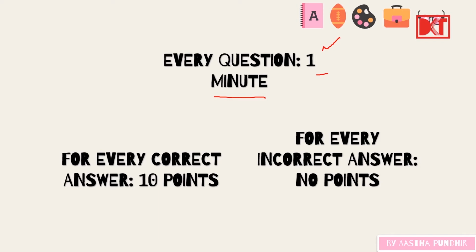It is very important to answer each and every question because there is no negative marking. For every incorrect answer, no points are deducted, because there is no negative marking in IEO. So it is important that you attempt all the questions.